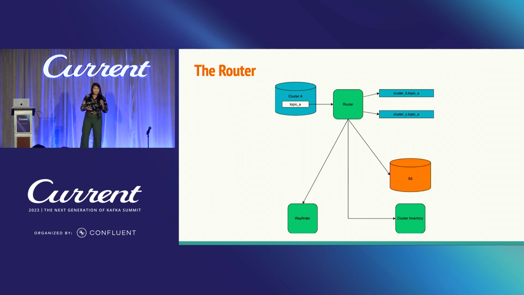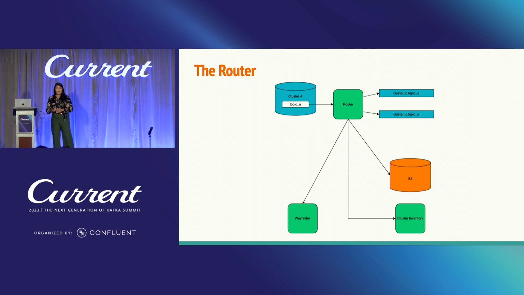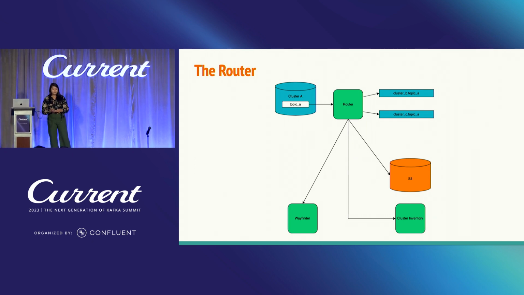Once it starts consuming, it's going to take a message, decide where that message from topic A in cluster A is going to be routed based on the routing strategy configured for topic A, and then it's going to produce that message onto the routed topic. So for example, if the message we're talking about is destined for topic A in cluster B, it's going to produce that message to the cluster B dot topic A routed topic.